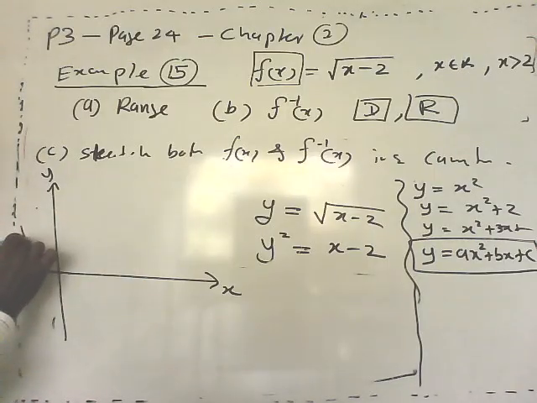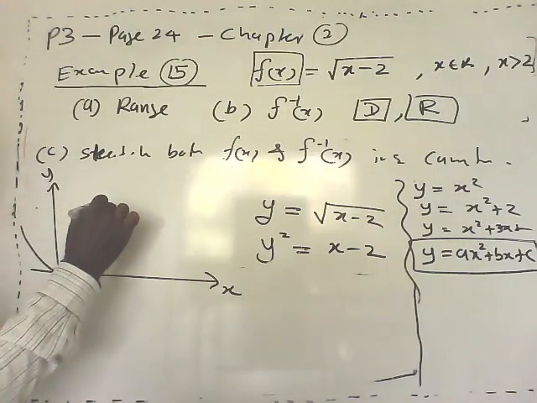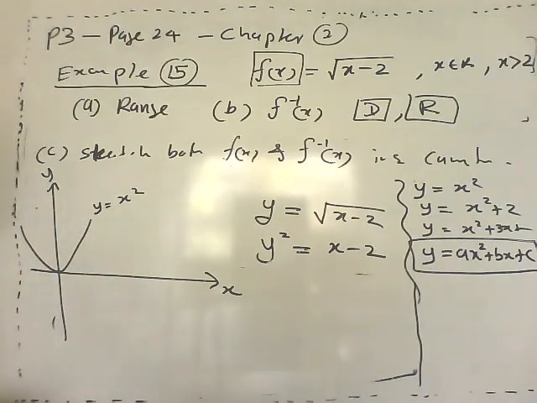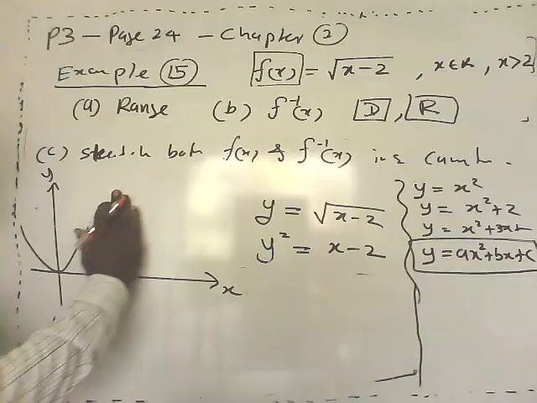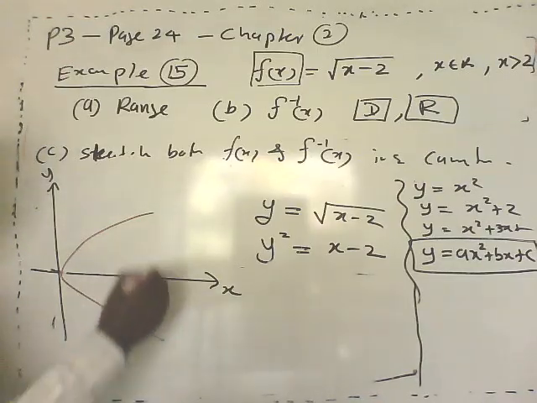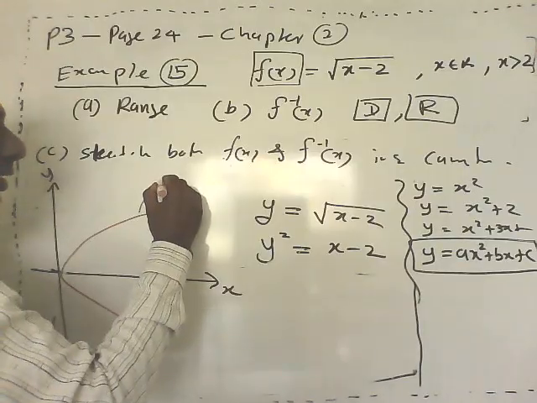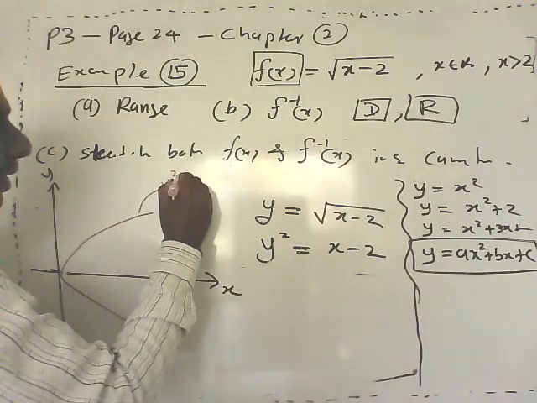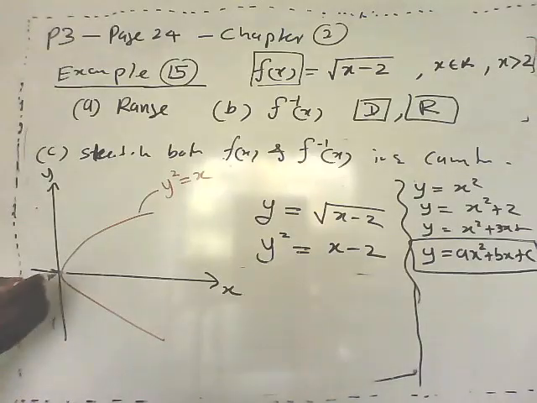Now we know this is y is equal to x squared. So where will be the equation of x equal y squared? It is the opposite, like this. So this is y squared equal x. This is the mapping. But now we have a wonderful thing. Now this is a mapping. We can't talk about even inverse functions, and we can't talk about domain or range, because it's just a mapping.